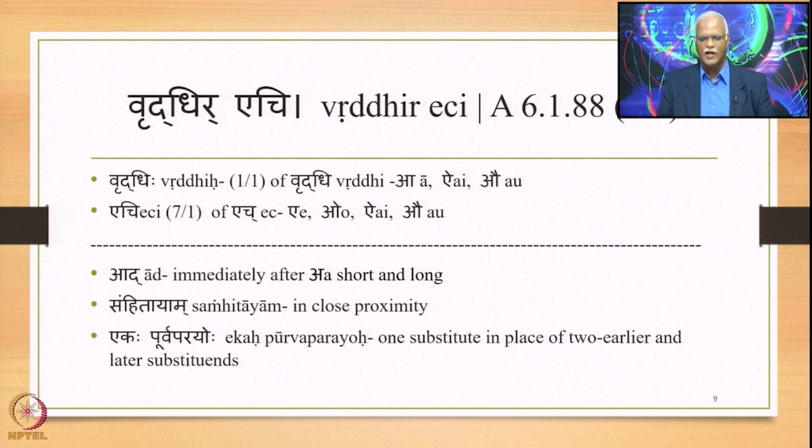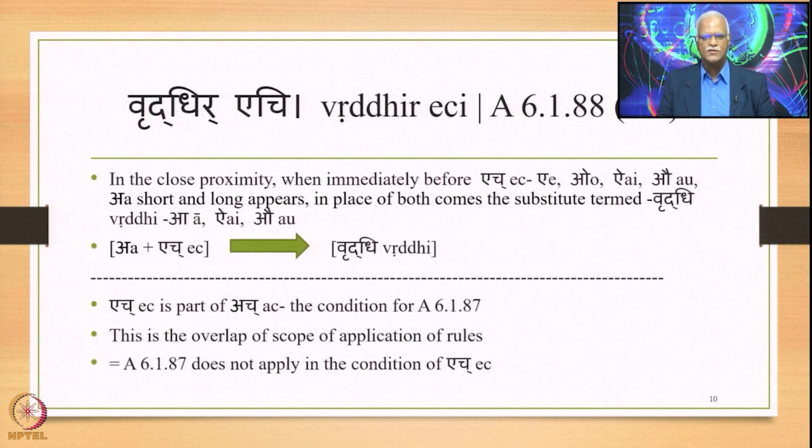Similarly, we have Samhitayam, which means in close proximity, in the Samhita mode. We also have Ekapurva Parayoho, which means 1 substitute in place of 2 substituents, namely the previous or earlier and the latter. Having put all these things together, we get the meaning of this sutra Vriddhirechi.